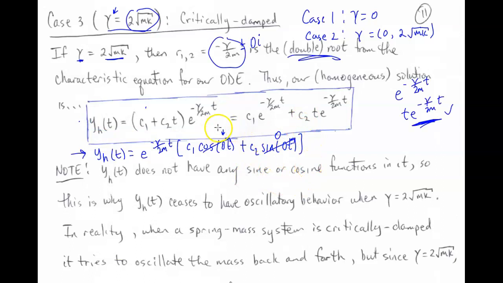So now that we see that cosine of 0 is 1 and that sine of 0 is 0, this just comes out to be e raised to the negative gamma over 2m times t. And since this is 0, all we have is just c1. Okay.